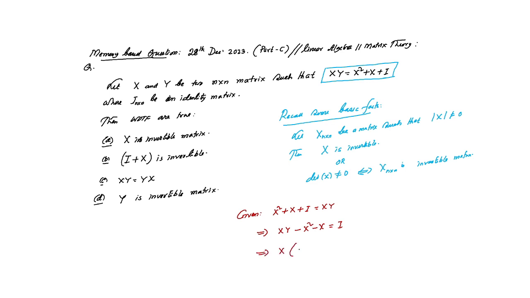So X is basically pre-multiplied, so X times (Y minus X minus I) equals identity.